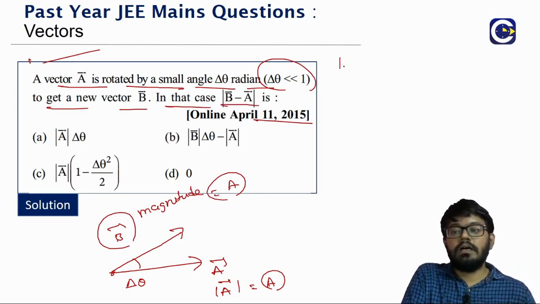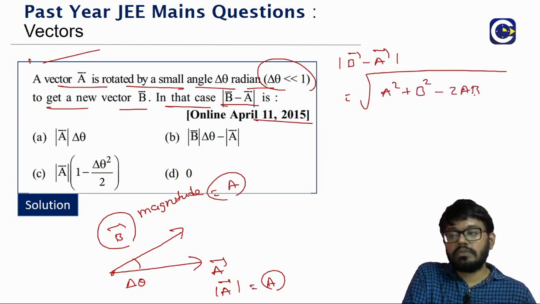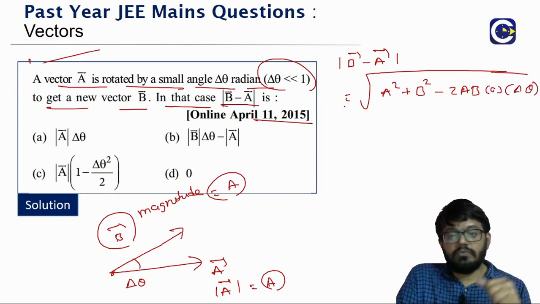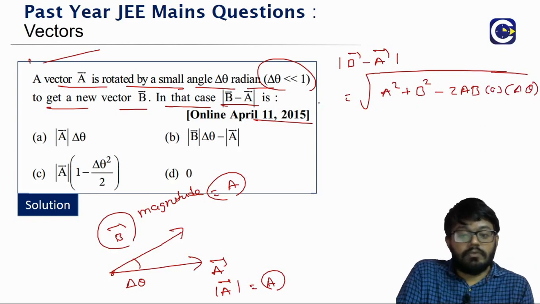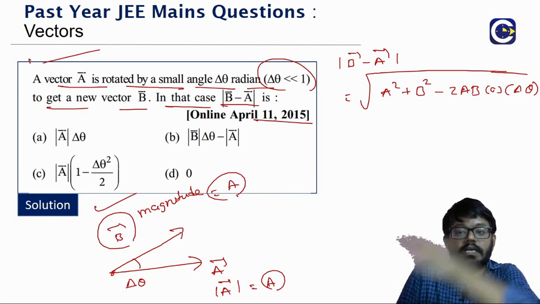Remember, mod of b minus a will be root of a square plus b square minus 2ab cos of delta theta. So here a will be the vector a magnitude, b will be vector b magnitude. But remember, the vector b magnitude is also a only, because we are taking the a vector and rotating it to get the b.